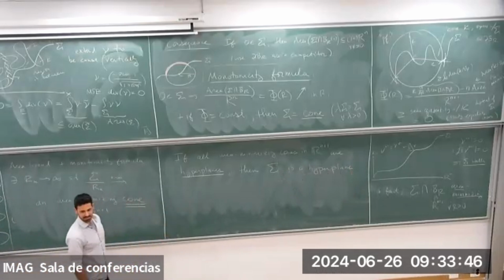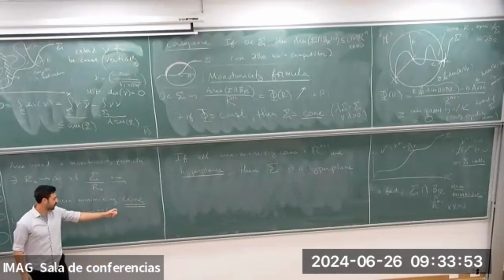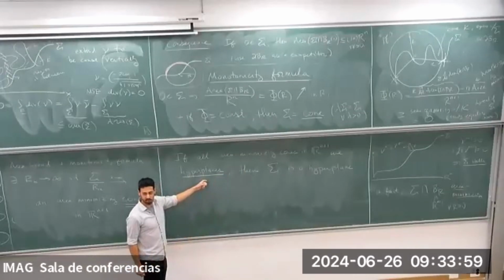So what's the reason? We took sigma, we zoomed out again and again until we ended up with an area minimizing cone. We said, okay, well, this cone has to be flat for some reason that we haven't talked about yet.